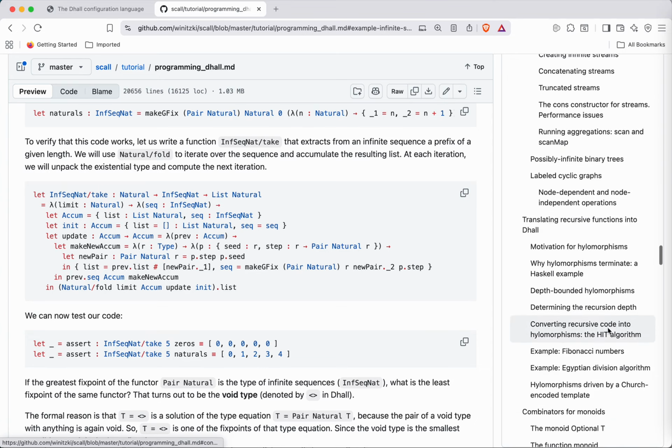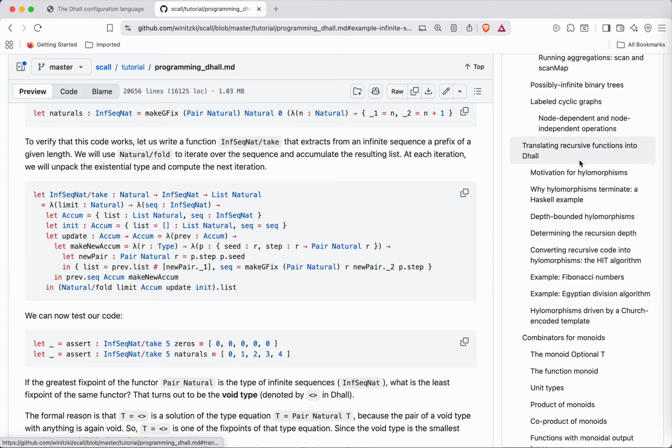So I show many examples of how to translate recursive functions, and that again seems to be a non-trivial piece of work that requires something called hylomorphisms. Hylomorphisms are not very well known, and they actually have to be modified for System F omega because they have to guarantee termination, so they have to be bounded in terms of the number of iterations.